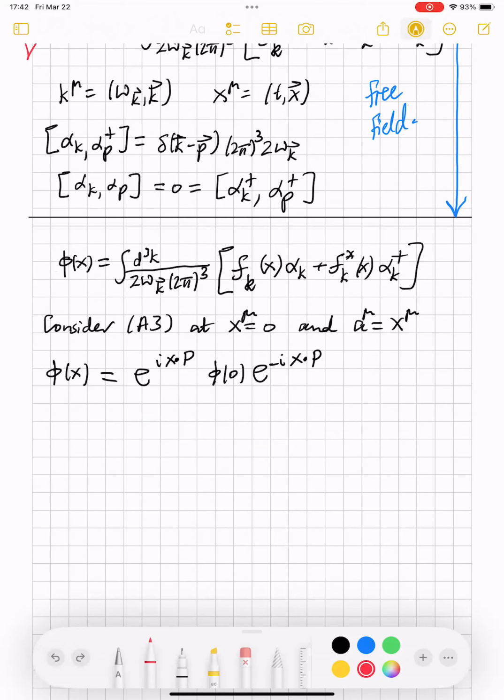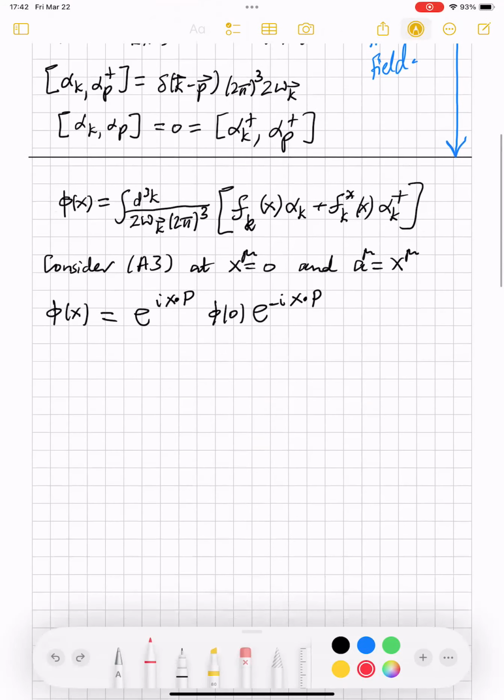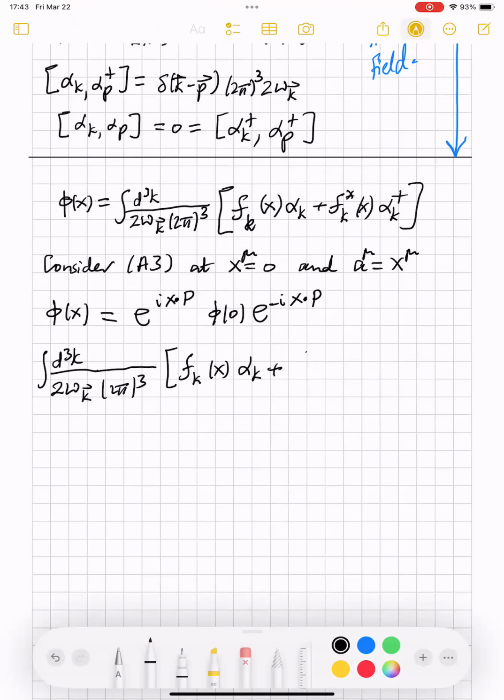Let me explicitly write out what this equation says. So phi of x, well, that's easy. That's going to be the integral d3k over 2 omega k 2 pi cubed, and then we've got fk of x alpha k plus fk star of x alpha k dagger.